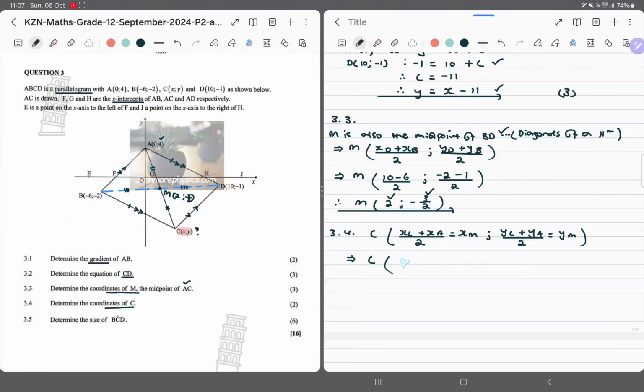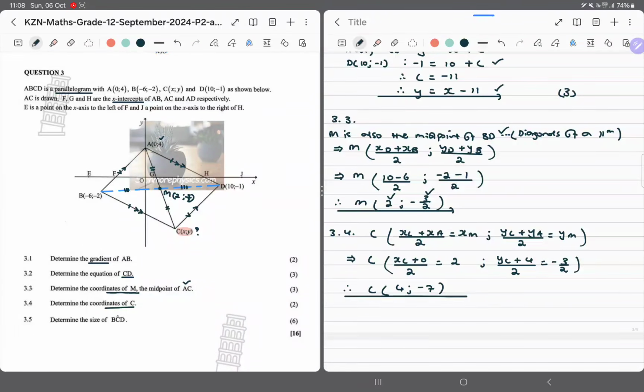This implies that x at C plus 0 over 2 should be equal to 2. Now this is y at C plus 4 over 2 should be equal to minus 3 over 2. Therefore, we cross multiply the 2, there we get a 4. Cross multiply, the 2's cancel, we get minus 3. Minus 3 minus 4 is going to be minus 7.